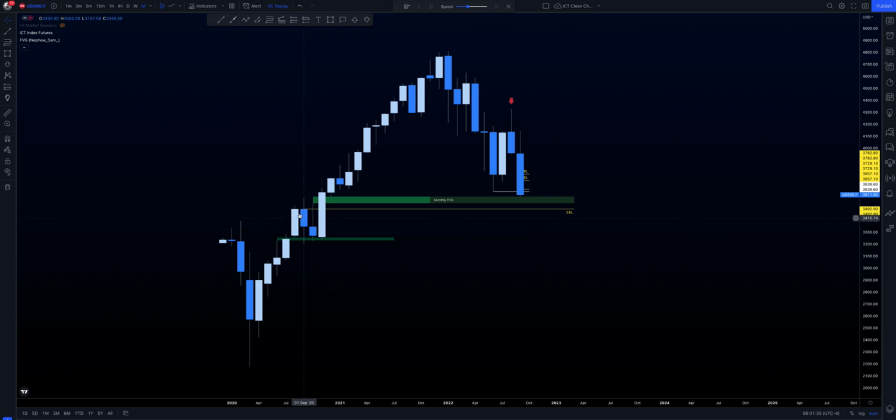So we've got this bullish order block here, which is validated as a high probability order block because we have this fair value gap here. So price is heading into this region. It's only the 2nd of October. Let me just work this out.